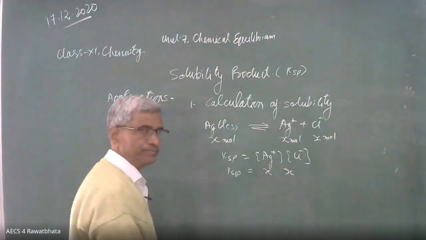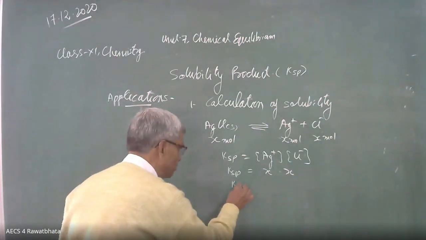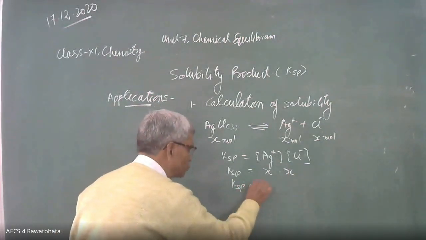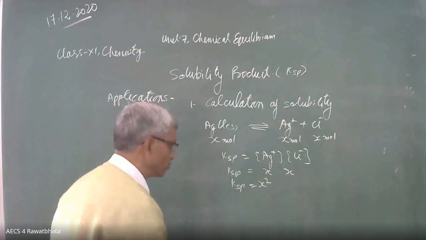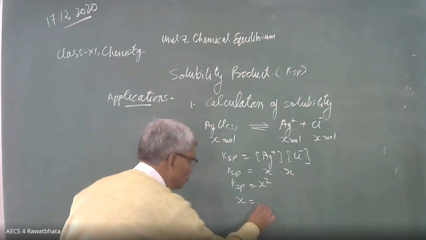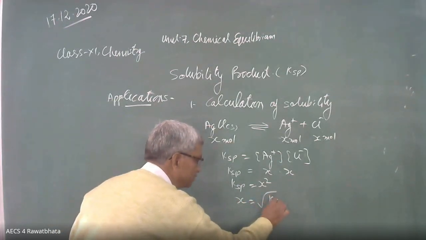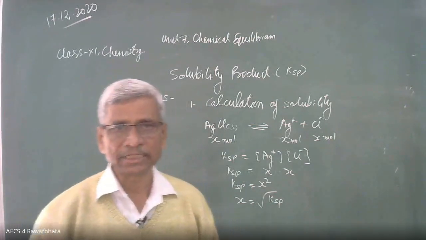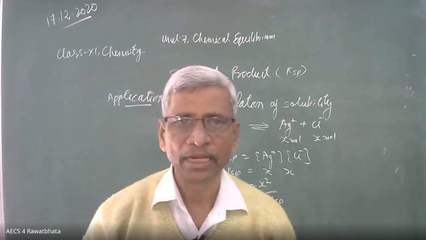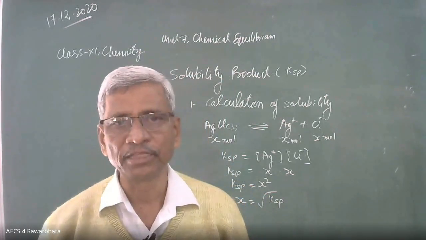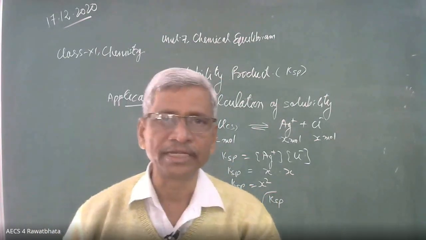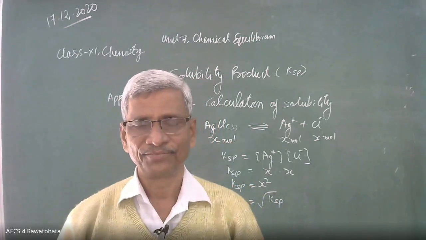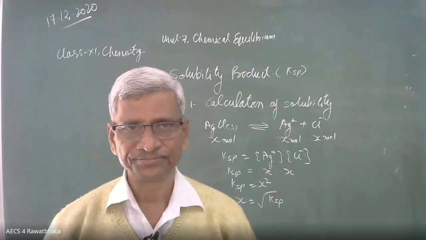Our KSP is equal to X square. Our solubility X equals root over KSP. KSP is known, so we can fill in this KSP and take its root with the help of the log table, and we can find the value of X. That is the solubility of AgCl.